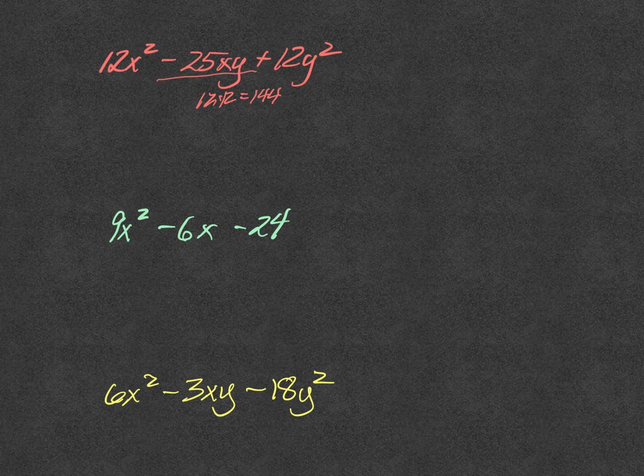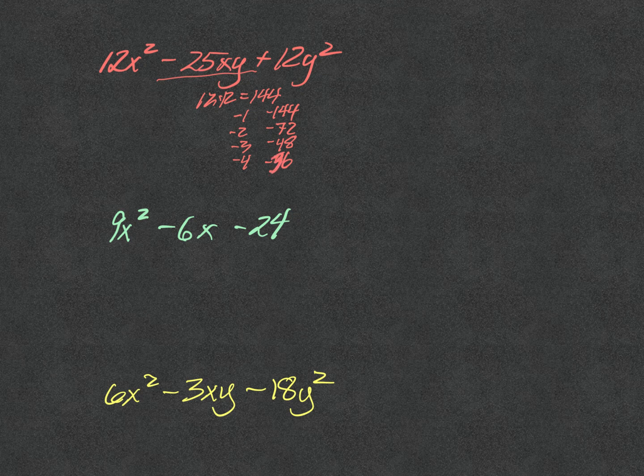That means these are both negatives. So negative 1, negative 144, negative 2, negative 72, negative 3, negative 48, negative 4, negative 36.